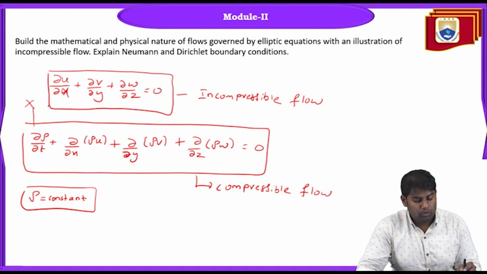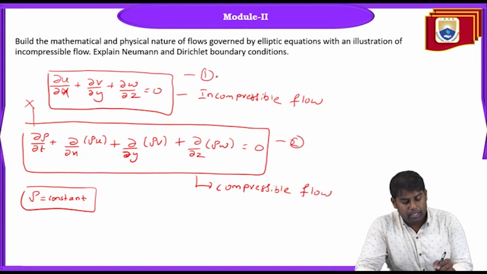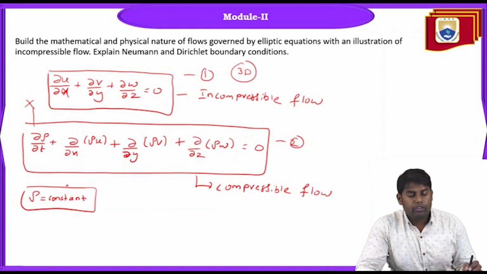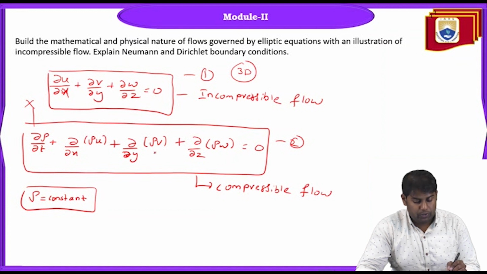Let's take these as equations 1 and 2. Basically they are 3D. If you want 2D, dou u by dou x plus dou v by dou y will be equal to 0. The third term, dou w by dou z, will vanish. So this is what we have as the continuity equation.